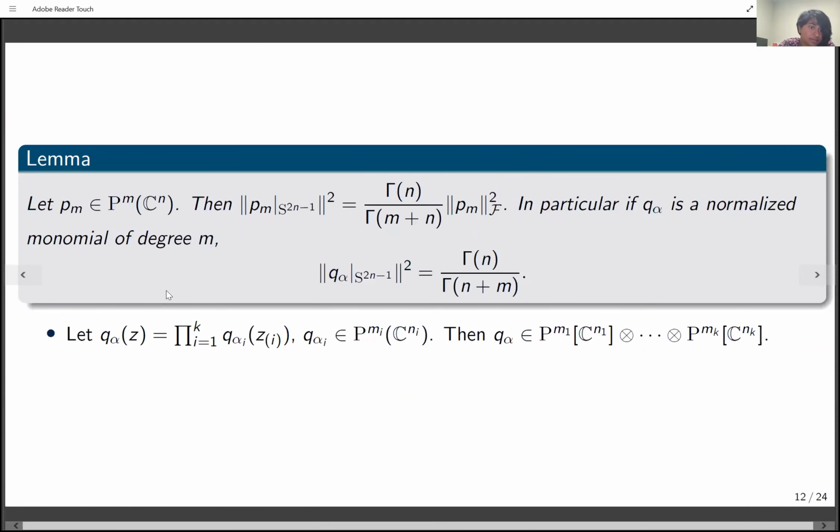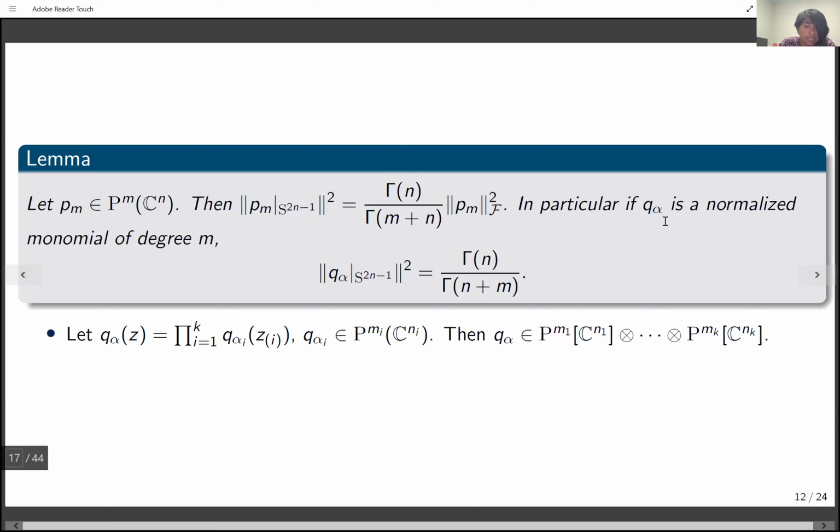For that, we need this lemma. If we take a homogeneous polynomial P of degree m, and restrict it to the sphere and take the L2 norm, it is going to be equal to gamma n divided by gamma of m plus n times the usual L2 norm of the polynomial squared.